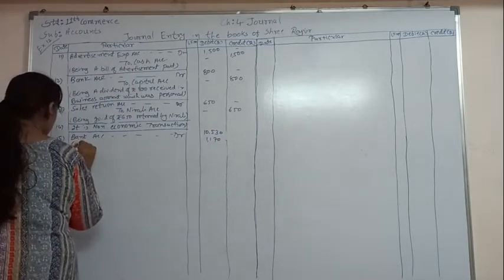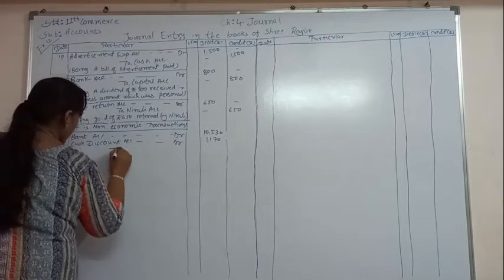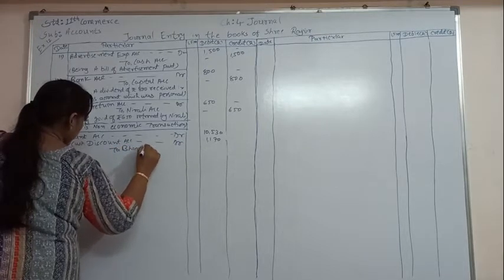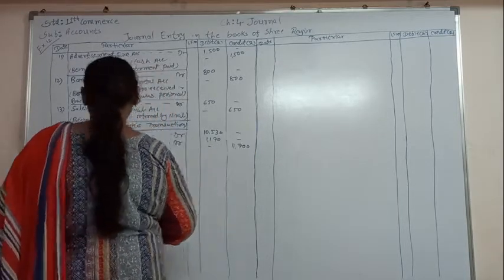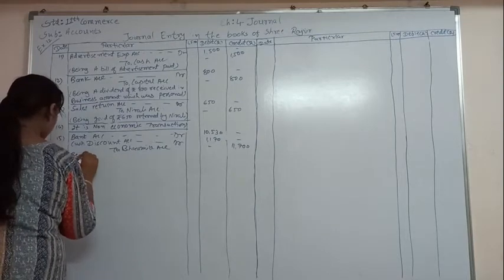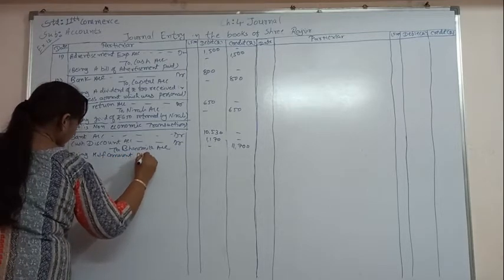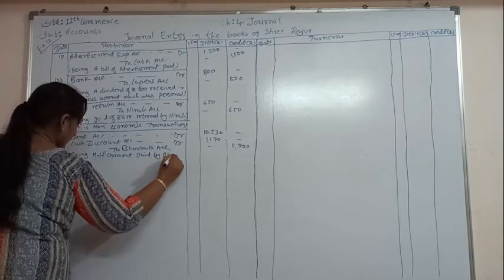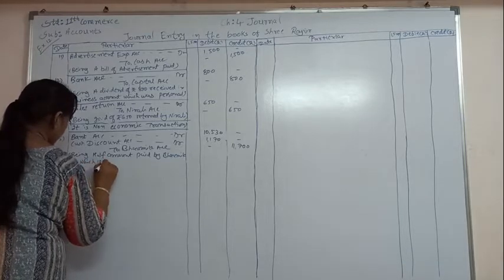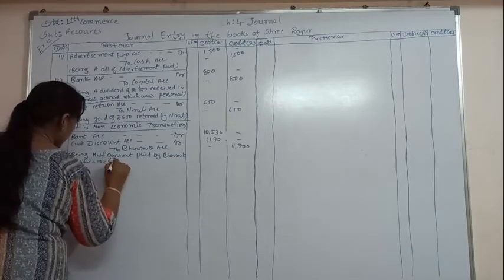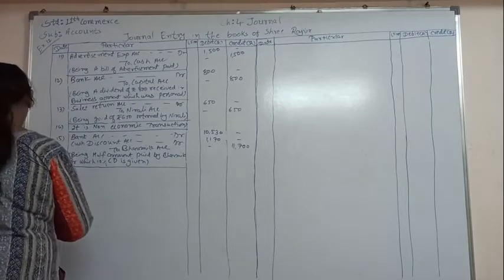So cash discount account debit to Bhumik account and it will be 11,700, being half amount paid by Bhumik for which 10% cash discount is given. So that will be date number 15.